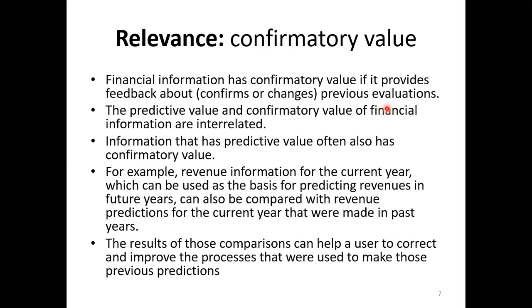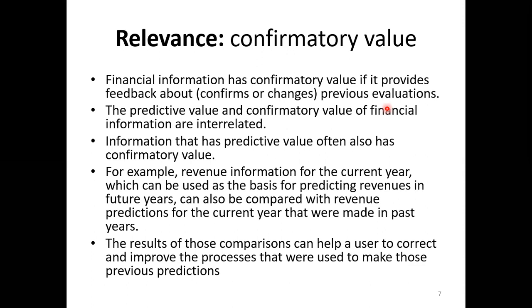Before flipping the coin, you ask whether it's head or tail. The person will say head or tail. If the person says tail, then I flip the coin. If the outcome is tail, the prediction is correct. It's confirmed. This is how confirmatory value works.